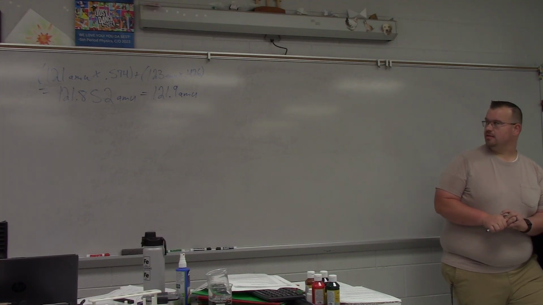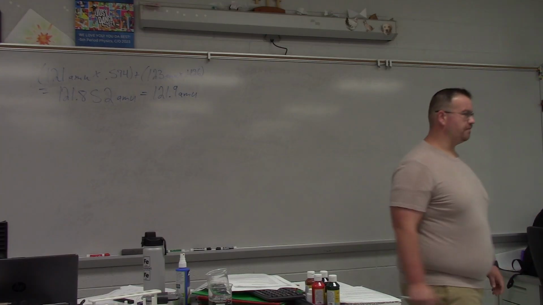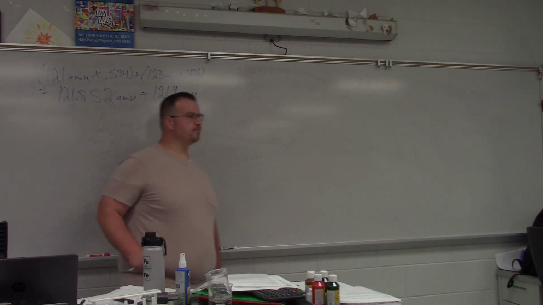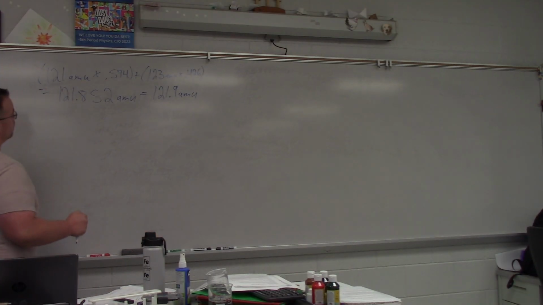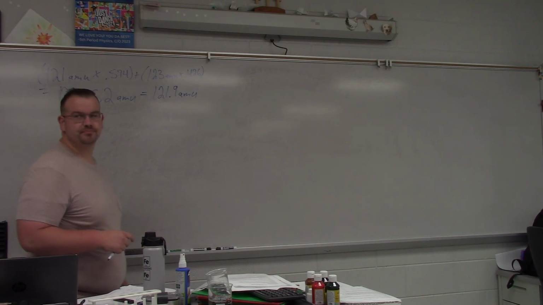They could also throw something like this at you in a multiple choice section and have you solve it real quick. So if it was 122 or 121.9, we'd always pick the one with the decimal. For average atomic mass, you're going to want the decimal. Okay. All right.